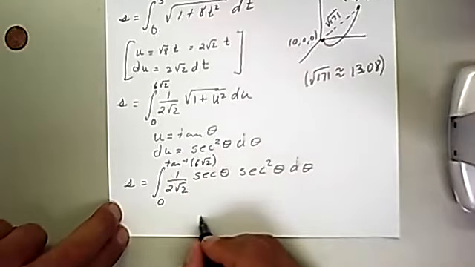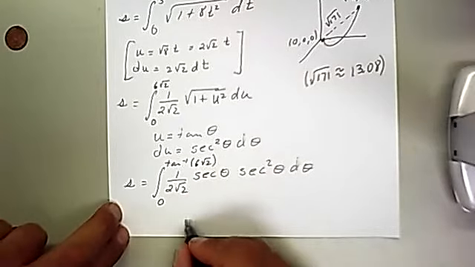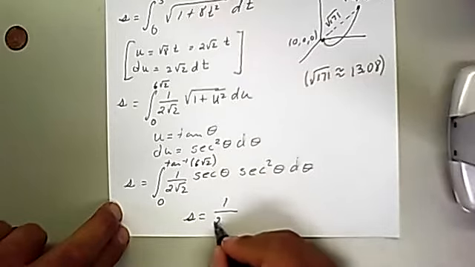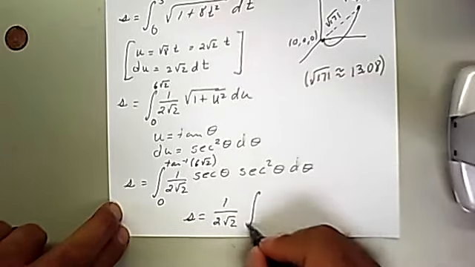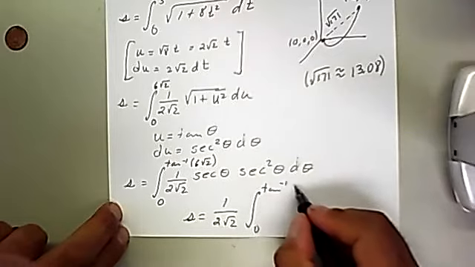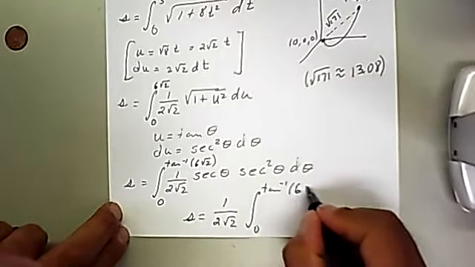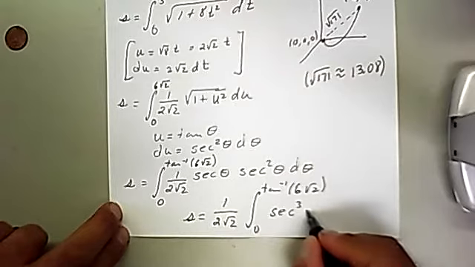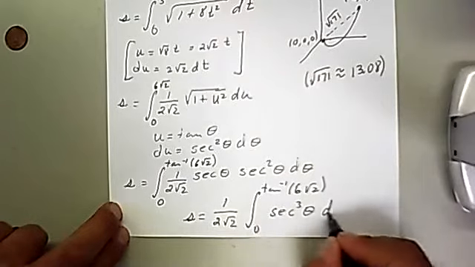Yep. So let me rewrite this. This S, the total length, is 1 over 2 times square root of 2, integral from 0 to the arctangent of 6 root 2 of secant cubed theta d theta.